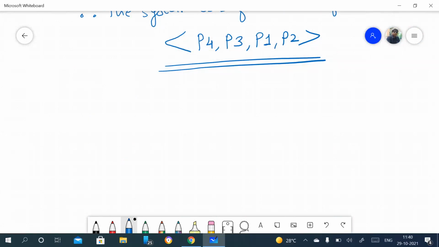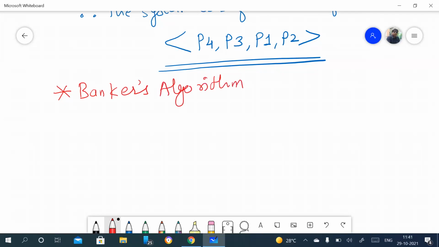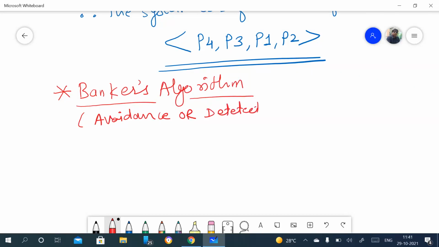The name Banker's algorithm is because this algorithm is mostly used in the banking sector, and it is also called a deadlock avoidance or deadlock detection algorithm, right?